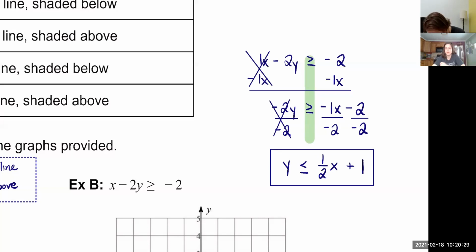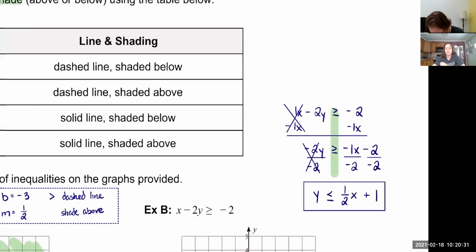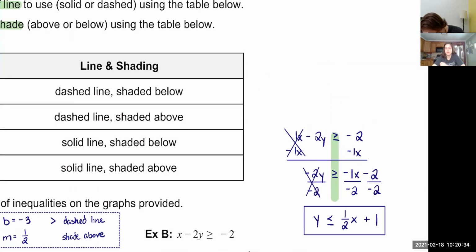So just as a reminder, I think I'm going to squeeze this in here. I'll write it up above here.